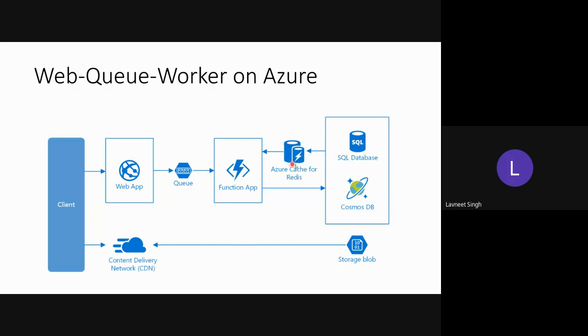We can use that as a cache. We can use SQL and NoSQL options in Azure. Cosmos DB is their NoSQL option. SQL database is their SQL option. Then for the storage part, we can use Blob Storage. So these terms might be a lot foreign to you, because we have not studied these.